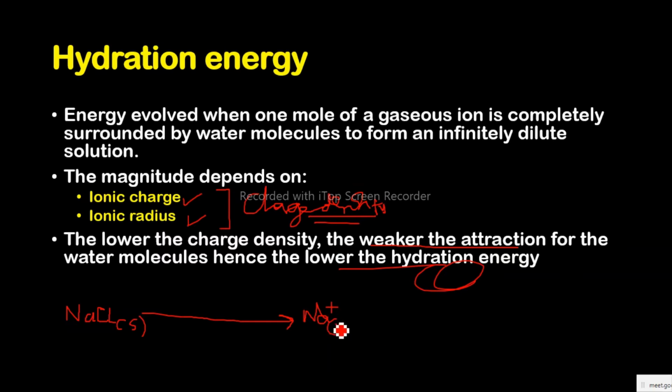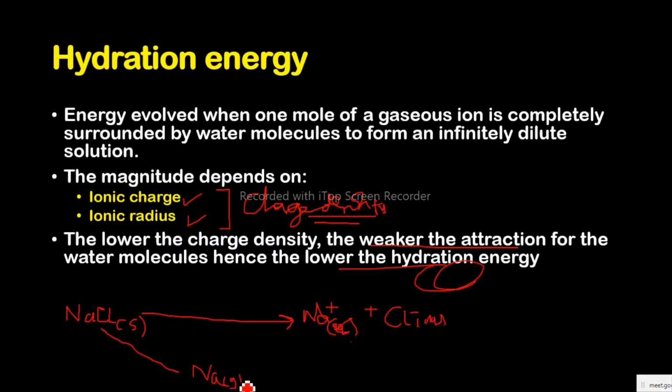These ions are in aqueous solution, sodium ions and chloride ions, but you are dissolving this as a solid. So therefore it must first dissociate to give you the ions in gaseous state.